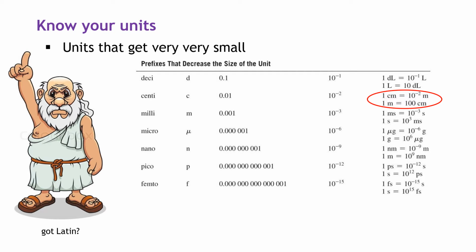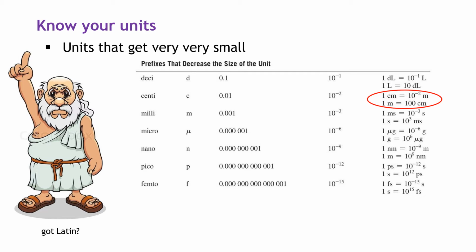And then we jump by another difference of 3 between our exponents, and we see that a nano is super tiny. It's 0.000000001, which is 10 to the negative 9th. So 1 nanometer is 10 to the negative 9th meter. We would have to chop our meter up into really tiny units to get a single nanometer.